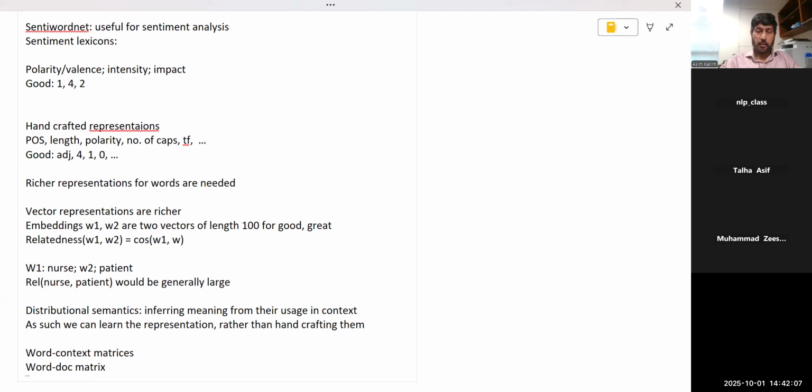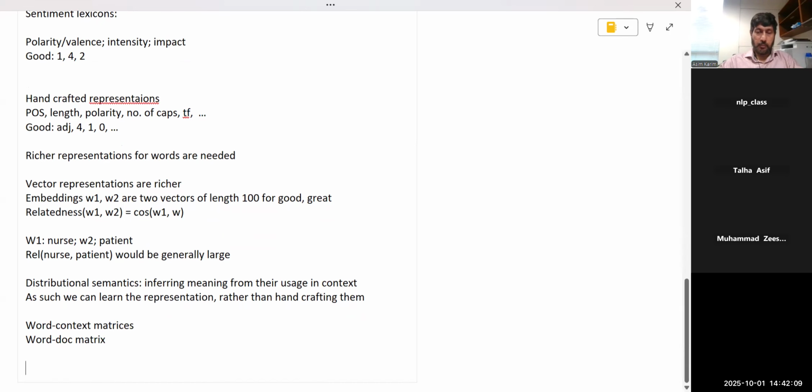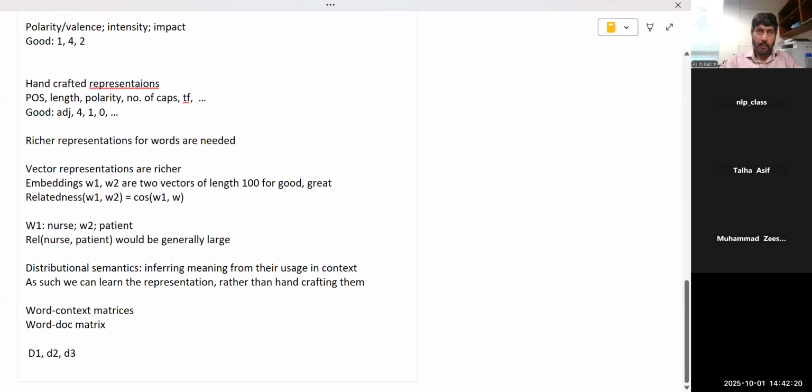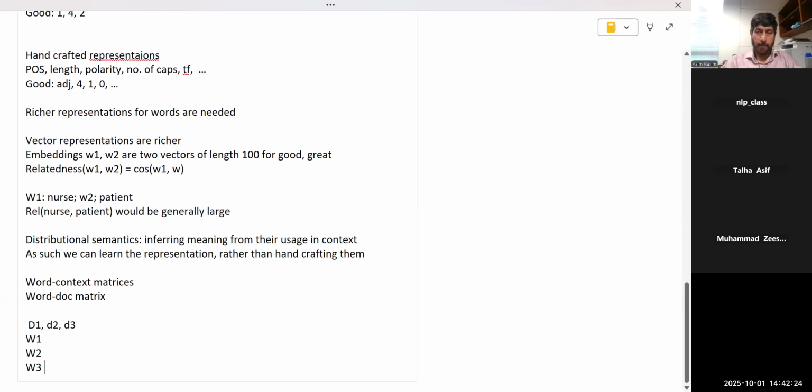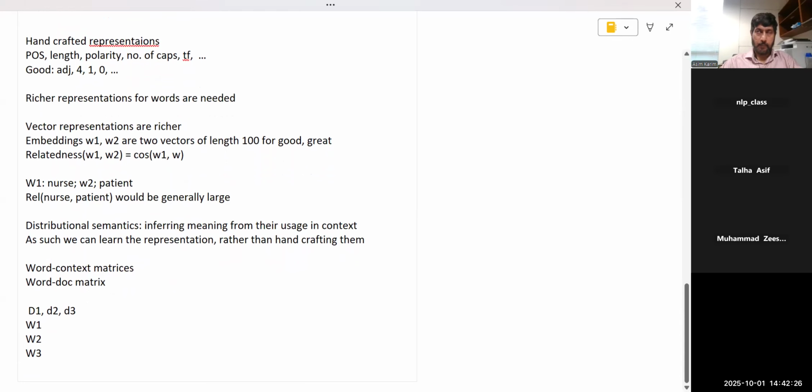ठीक है? वो किस तरह था? For example, let me just write it. Let's say if you have three documents, D1 है, D2 है, D3 है, and then word 1 है, word 2 है, word 3 है. So you can count the number of times that word 1 occurs in document 1.